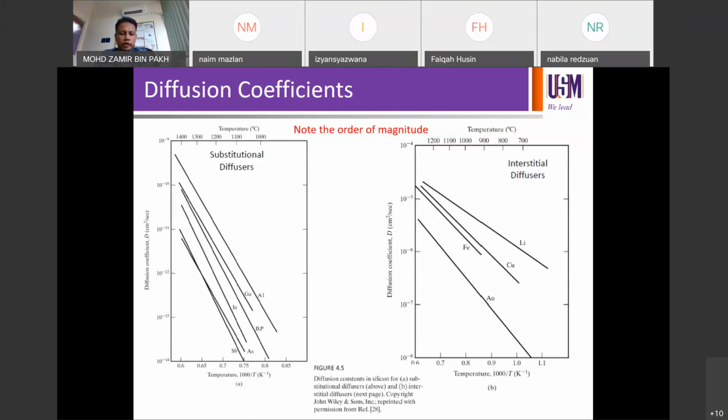Before we move on into the calculation and the details of each, let's go through this page on diffusion coefficient. In our previous class, we discussed that some dopants or impurities are substitutional in nature and some other impurities are interstitial in nature.